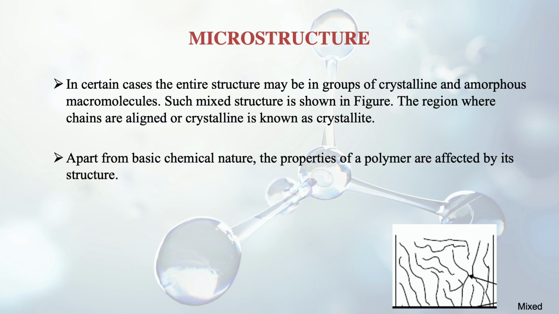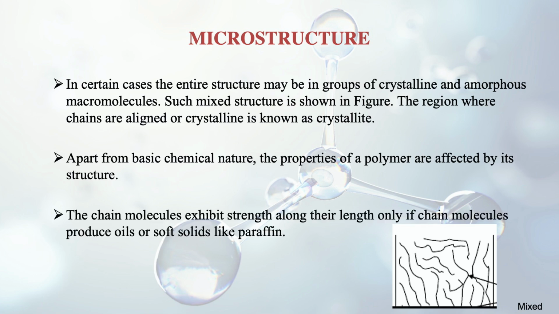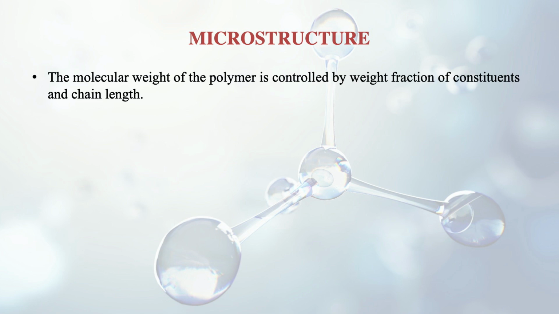Apart from the basic chemical nature, the properties of a polymer are very much affected by its structure. The chain molecules exhibit strength along their length only if chain molecules produce oils or soft solids like the paraffin. The molecular weight of the polymer is controlled by the weight fraction of the constituents and the chain length.